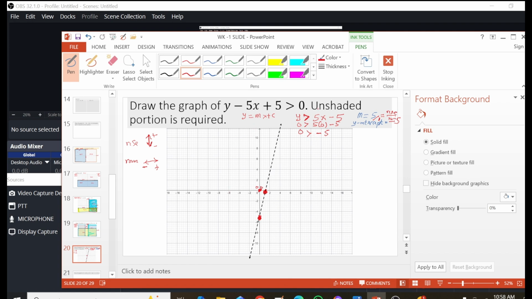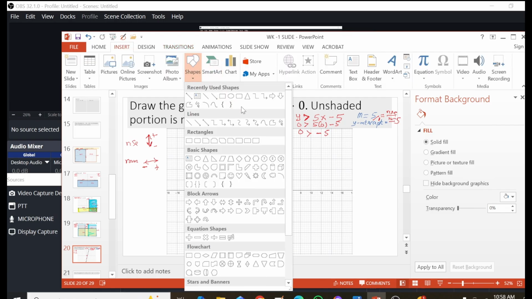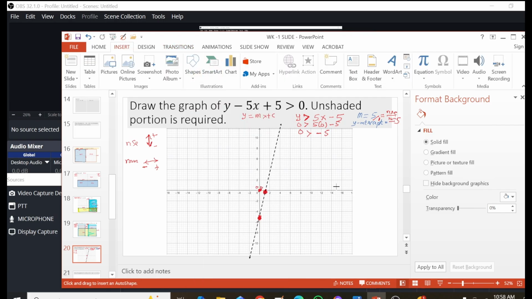Now, they say the unshaded region is required. If the unshaded region is required and this place is my solution, I'm not going to shade the region that is the solution. I'm going to shade the region that is not the solution. So if it is the unshaded region that is required, I'm going to shade the region that is not the answer. Exactly. This region is not the answer.